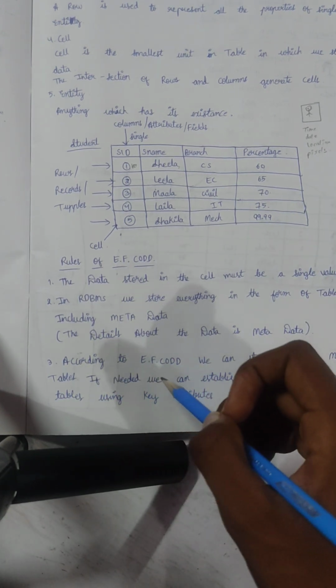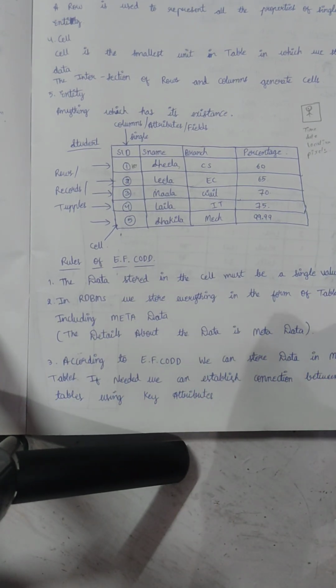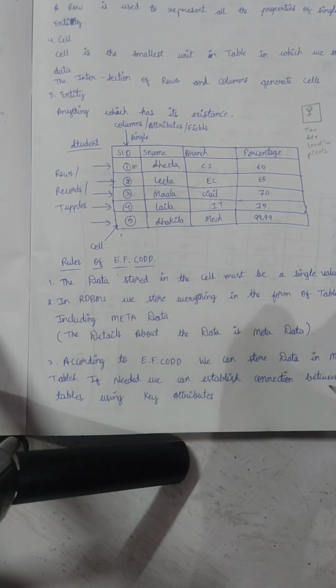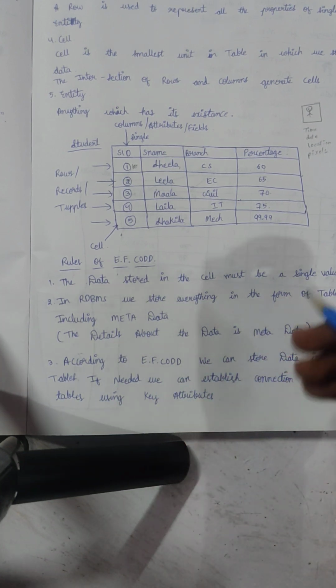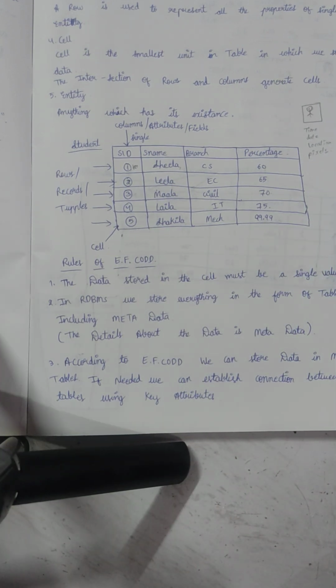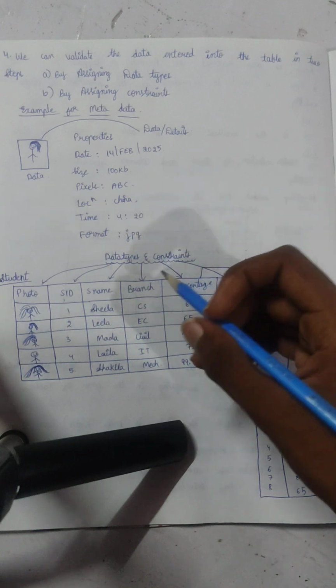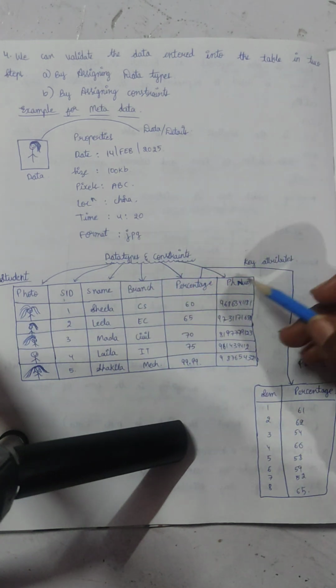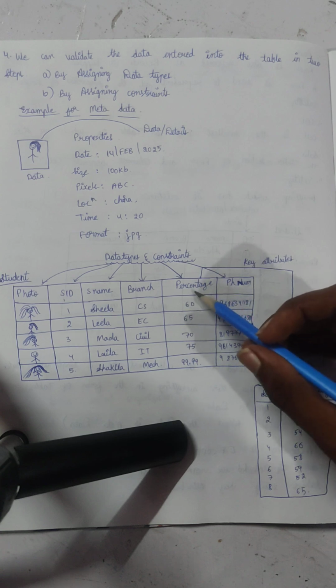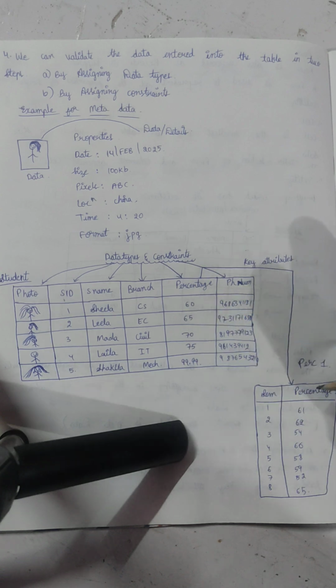The third rule: according to E. F. Codd, we can store data in multiple tables. If needed, we can establish a connection between 2 tables using key attributes. As I said, we can establish the connections using key attributes, meaning the same attribute is present in both.